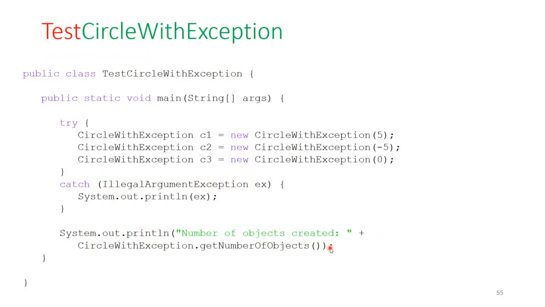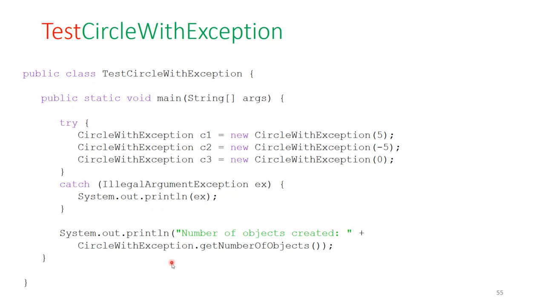And then we have a driver, a TestCircleWithException class. It has a main that creates three circles, one of radius 5, so that one should be okay. One of radius -5, so that one should break down. It should raise an exception, so I'm going to abort and go to the catch block, and handle the exception by just displaying the data inside the exception object as a string.